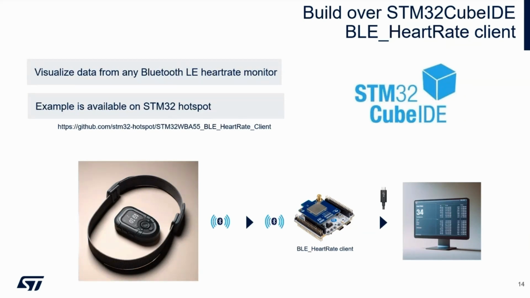Until now, we were doing mainly the server application and connecting to them from the mobile phone. But now I would like to show that for sure it's possible to do it also from the opposite side, that the STM32WBA may act as a client and connect and get the data from some BLE server, like for example a real heart rate monitor which you can buy in any kind of electronics shop.